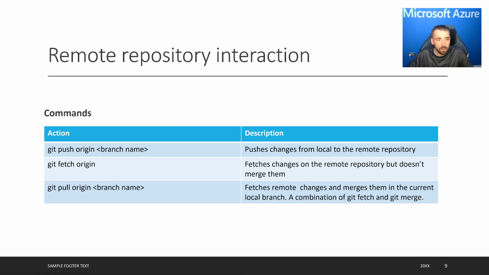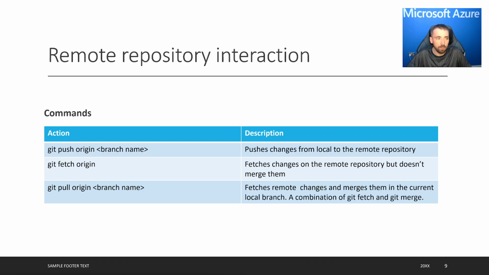We then have git fetch, and this is for when there has been changes to the remote repository that we would like to see on our local machine. So after we've done that initial pull or clone and we've got the repository on our PC, other developers on our team are going to be making changes and pushing new things to the remote repository and adding new branches.